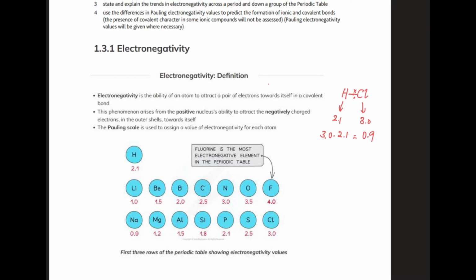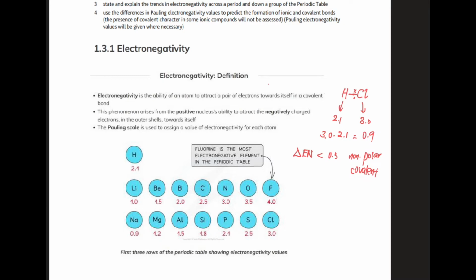So I let you see another piece of information. There are rules actually. I try to find it out. Okay, so let's look at the difference here. If the difference of electronegativity is less than 0.5, that is non-polar covalent.